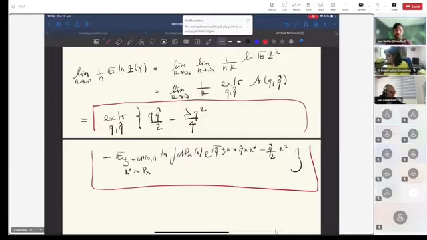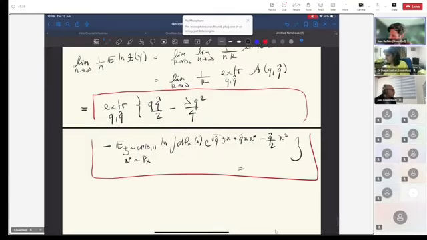It's the replica formula. So the one I've shown at the beginning of the course, there was no q hat. There was only this parameter q. But actually now if you solve the fixed point equation, the saddle point equation, so let's call all this function f replica symmetric of q and q hat.